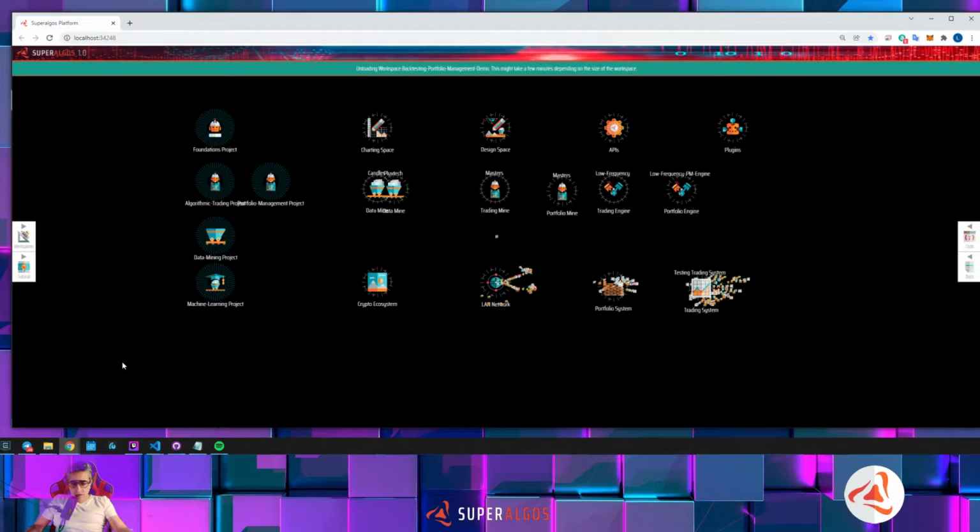I will load this workspace, back up the trading system, put it here and connect it because it's a trading system that I'm familiar with. And I already have the data for that. The data already mined.